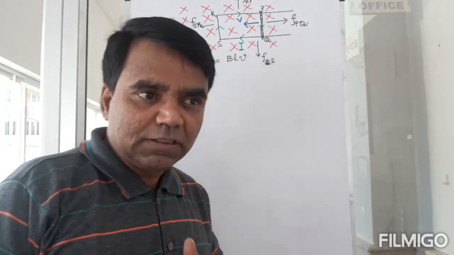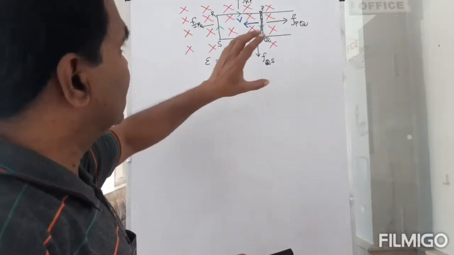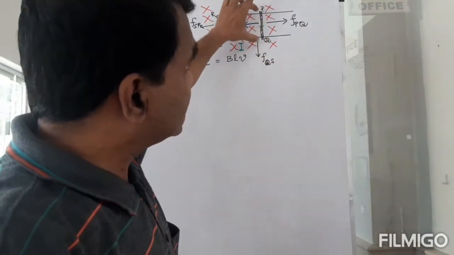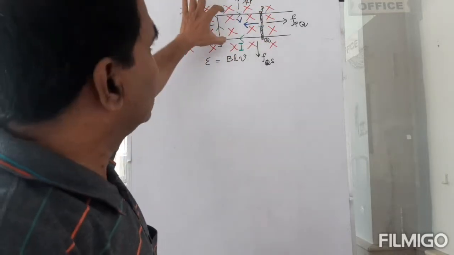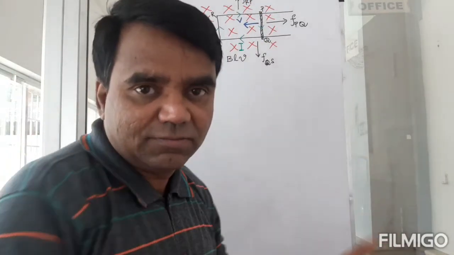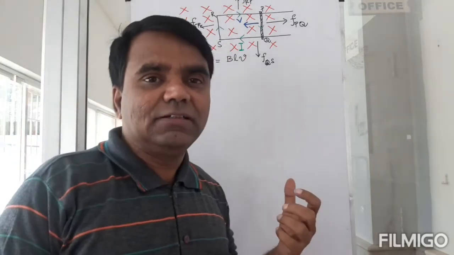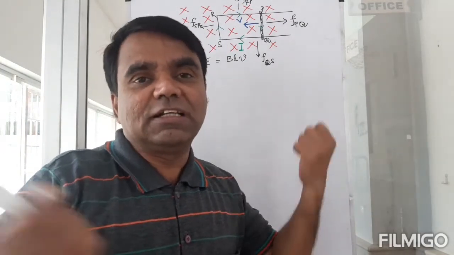And notice that we said only this is movable, this is sliding, and all the others are not movable, fixed. Which means this force would be countered by a force of friction or another external force.